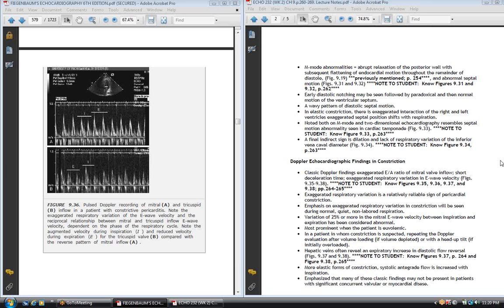Most prominent when the patient is hypervolemic, plenty of fluid. If constriction is suspected, repeat the Doppler evaluation after volume loading, if volume depleted, or with a head-up tilt if initially overloaded.